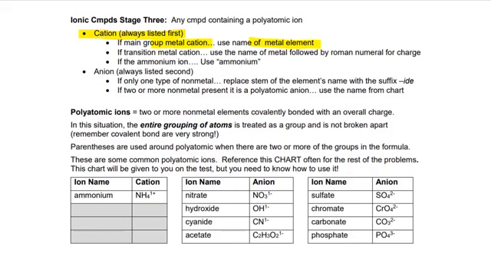Now our only possible difference here is that we are adding a new cation down here. Our cation is ammonium. And ammonium is NH4 with a +1 charge.